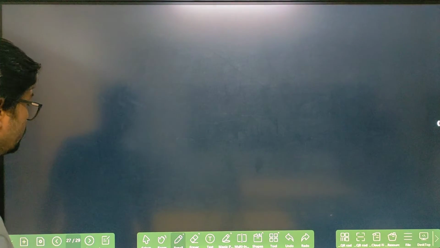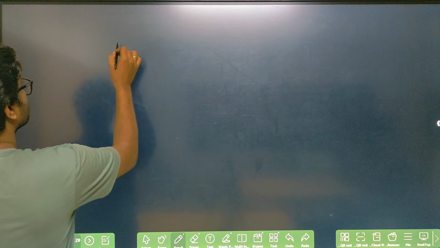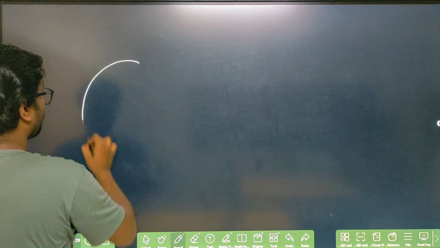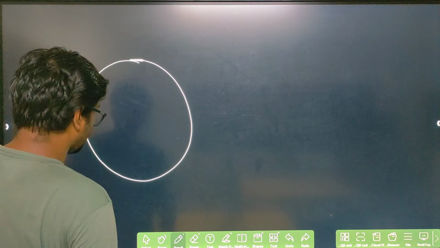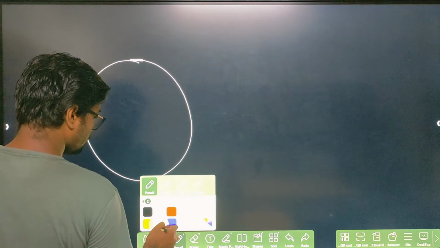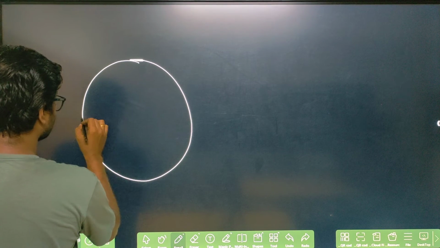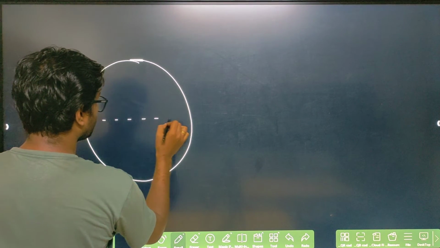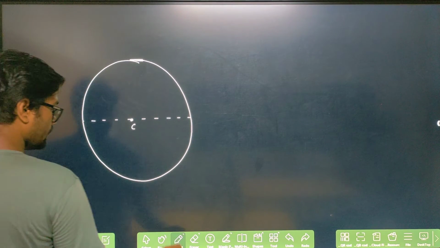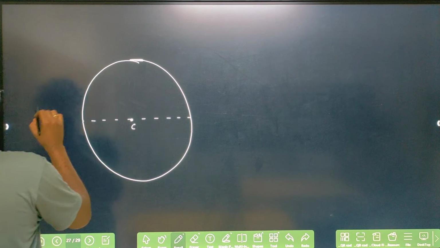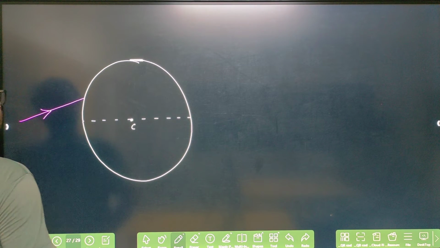So I am drawing this one. This is basically a sphere, you can say, and this is your center here. Let's say the light ray is falling like this, right?